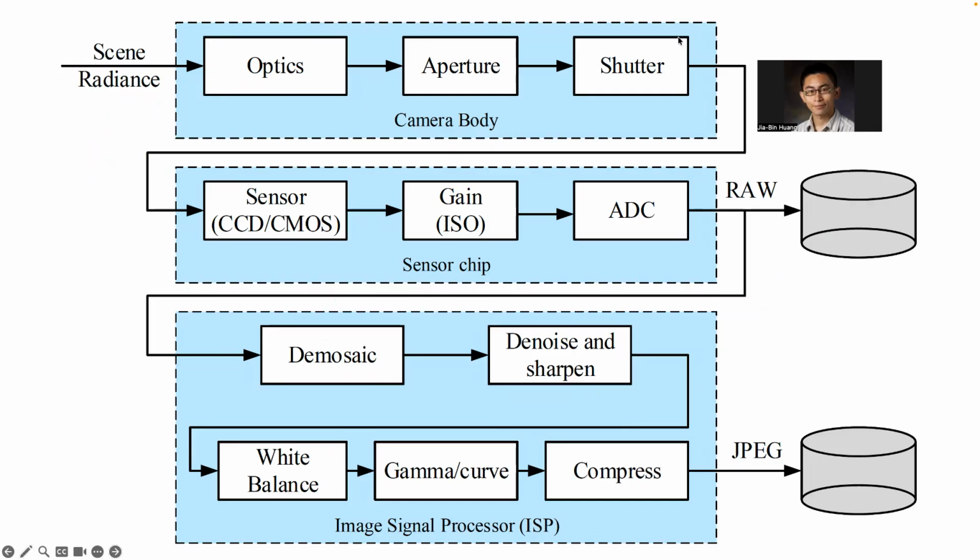Then you hit the sensor, and the sensor converts how many photons into a voltage, and then you convert the analog signal into a digital signal, and you save it as a raw file. And once you have that, you do a lot of other processing to get to the final JPEG you see. Okay, they do the compression.